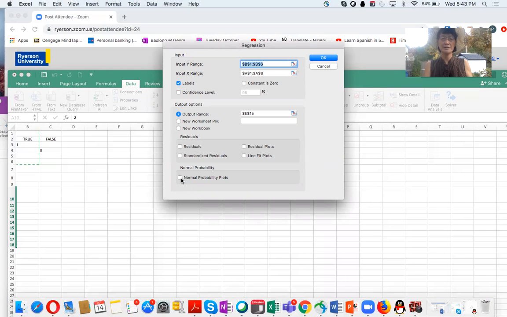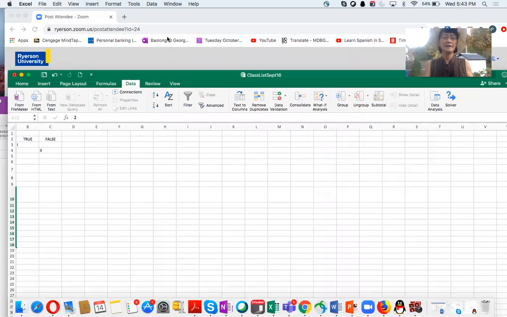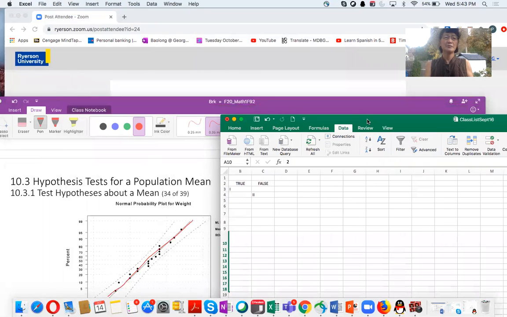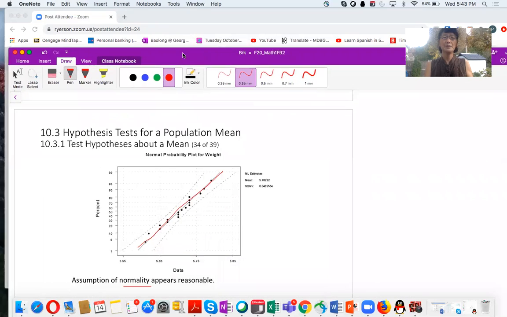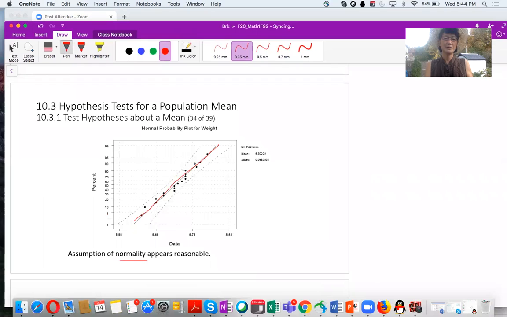You can do regression, you get a normal probability plot. From that plot, you can see if the data come from a population having normal distribution. Okay, so this is the normal probability plot, and it looks like a straight line. So normality appears reasonable.